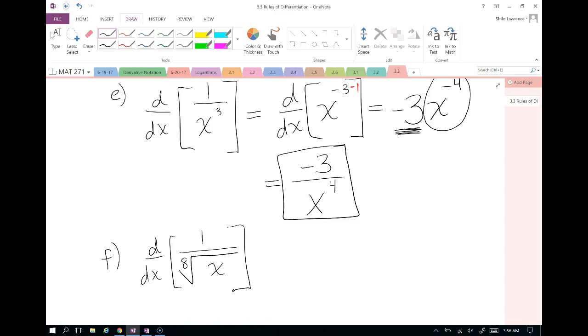But there's a couple things we need to do. First of all, we need to get it up out of the denominator. And we do that by using a negative exponent. Second of all, we need to write the root as a power. And we do that with fractional exponents. So this is the same thing as x to the -1/8.